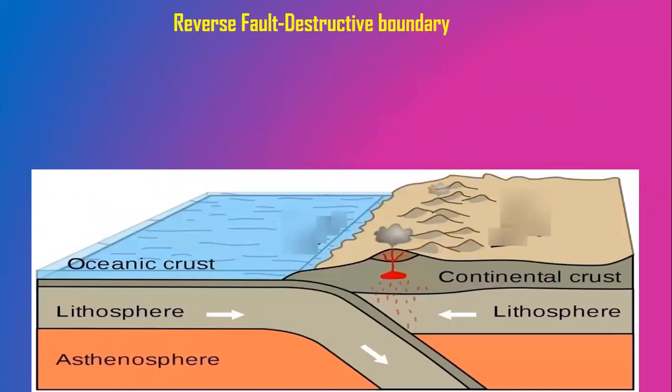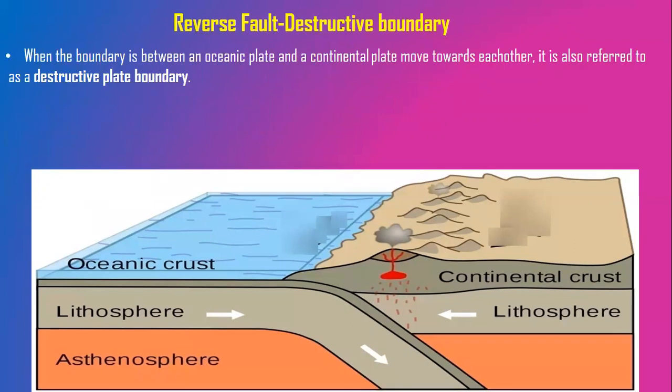The next one is the reverse fault or destructive boundary. You can see the oceanic plate and the continental plate are moving towards each other. When a boundary is between an oceanic plate and a continental plate, which are moving towards each other, this is also referred to as a destructive plate boundary.